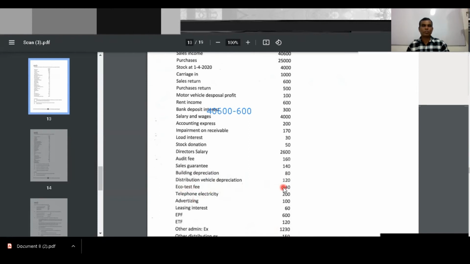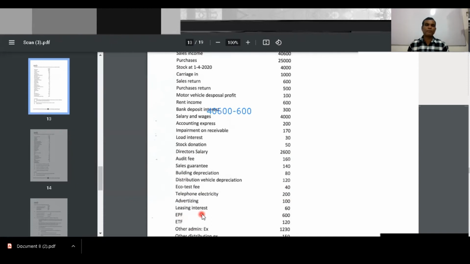Eco-test fee, distribution expense. Telephone, electricity, administrative. Advertising, distribution expense. Leasing, financial expense.